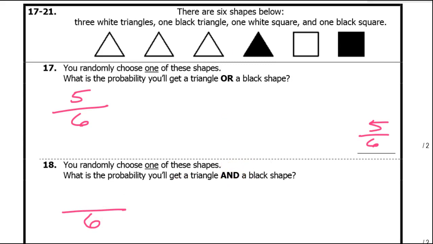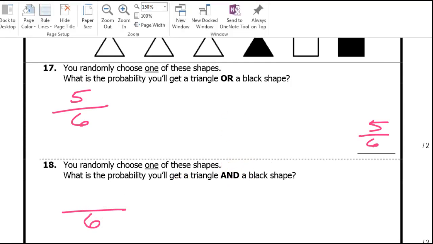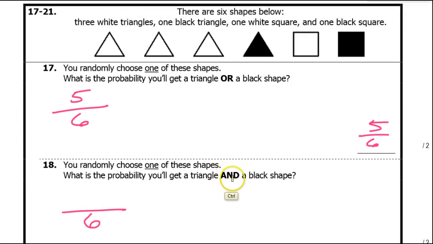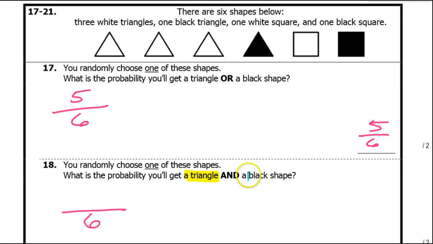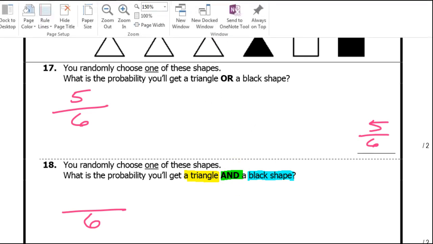Now, when you're doing and, you're looking for the overlap between two things. So what I like to do in an and problem is highlight the first event in one color. So I'll highlight triangles in yellow, and any black shapes in blue. And then the overlap should be green. And the overlap is really what we're looking for.